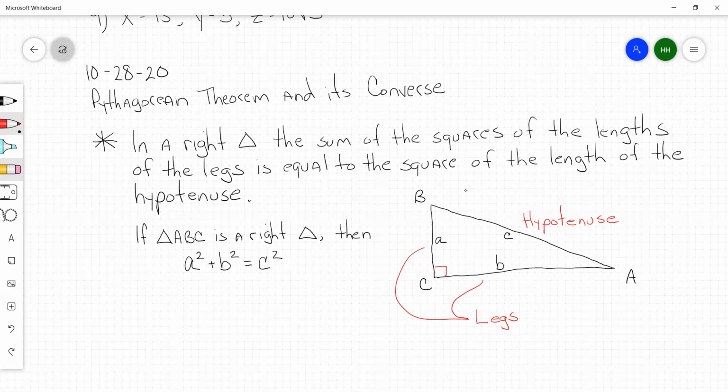So we've touched on this year, but now we're covering it officially. How have we used this Pythagorean theorem so far this year? Anybody that's been here this year? Yeah, Matt.